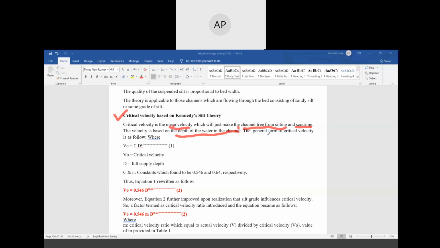The general form of critical velocity is this one, V naught equal to C d to the power n, where V naught is critical velocity, D is the full supply depth, that means the depth of water, and C and n are constants.